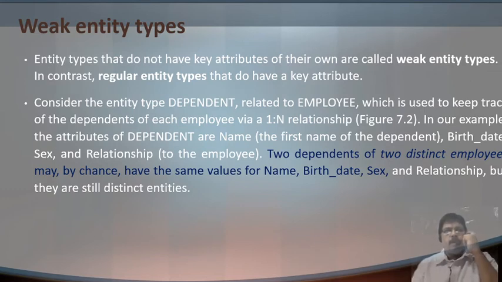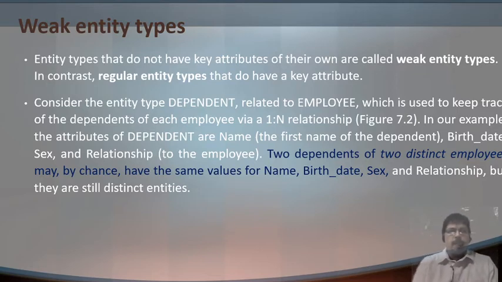Here the entity dependent is not directly participating in the company, rather he is not a regular entity type. He is a relative of an employee who will be benefited if any death occurs or any employee perks or anything has to be handed over, that is given to the dependent, and maybe more than one dependent also.